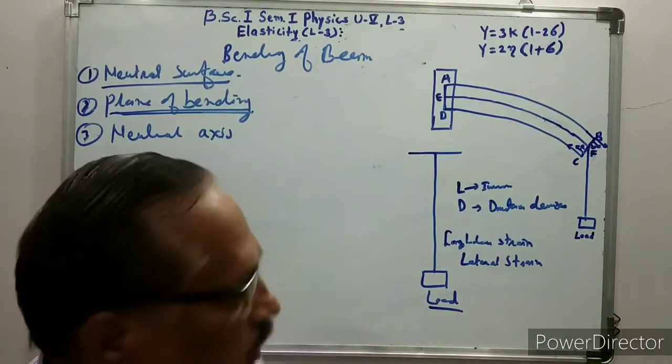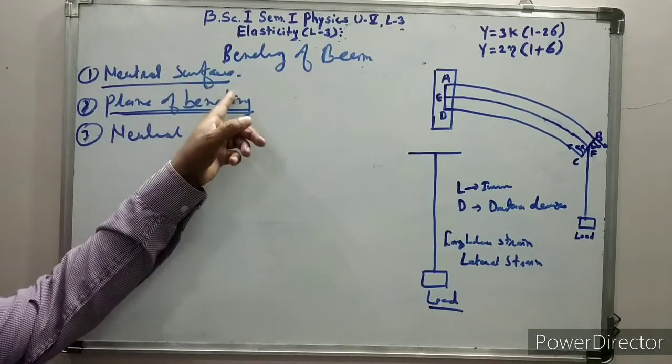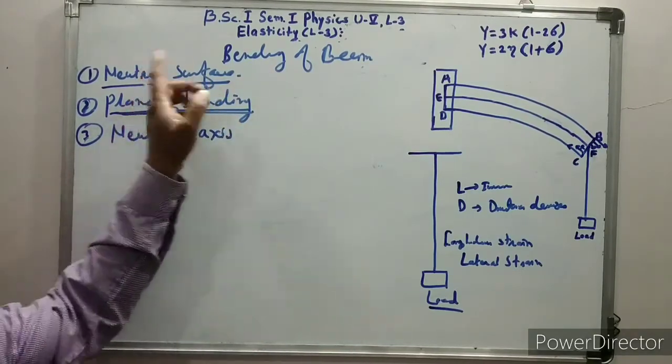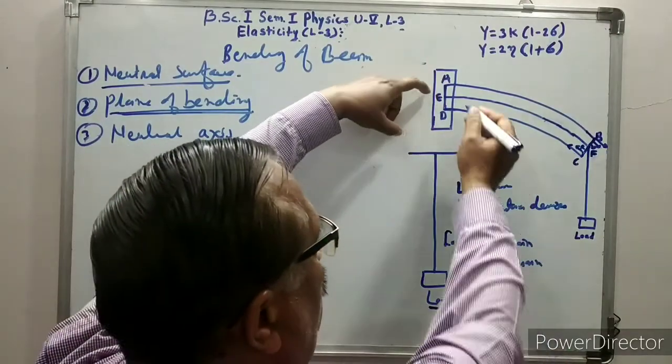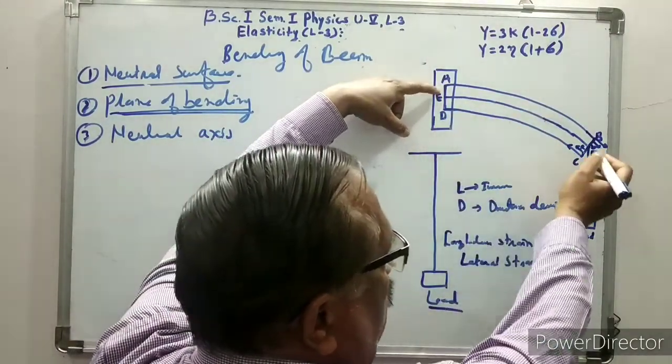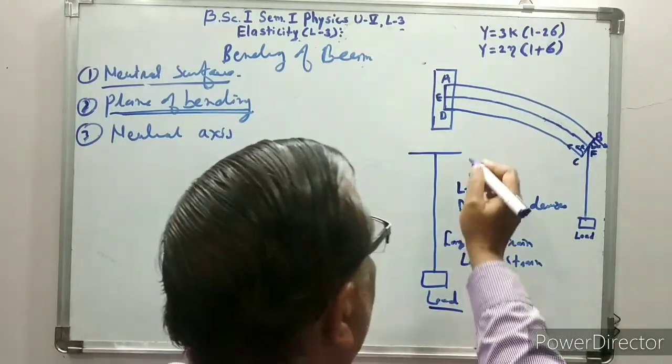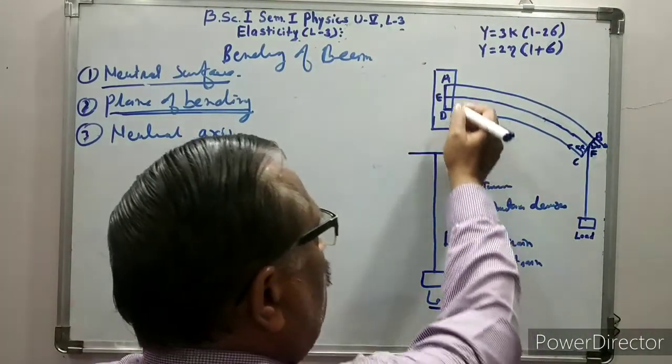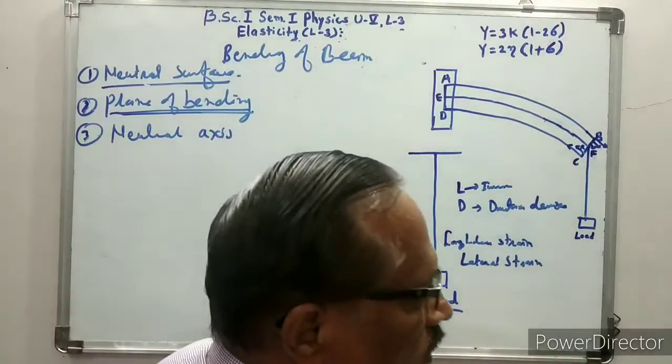So in this way we have studied neutral surface. Neutral surface means the surface or the layer in the middle, that is along EF, in which no elongation or contraction takes place.